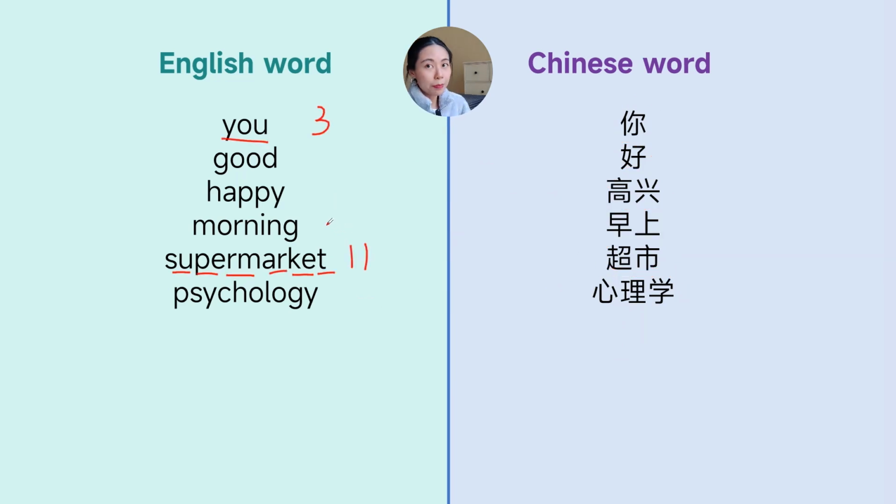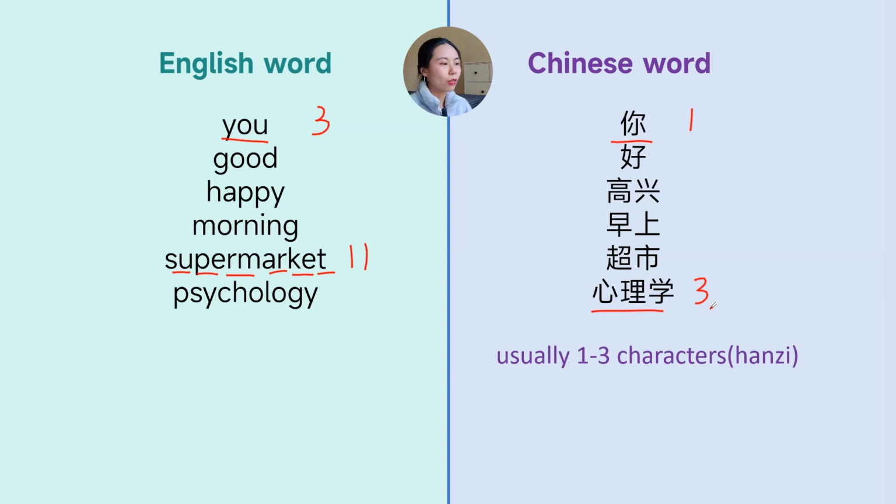So you can see on this page, the English words could range from 3 letters to 11 letters. But for Chinese words, it just ranged from 1 Chinese character to 3 Chinese characters. So yeah, most of the Chinese words are quite short. They only have 1 to 3 characters.